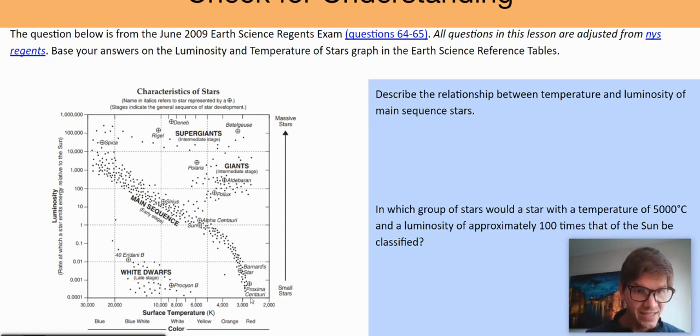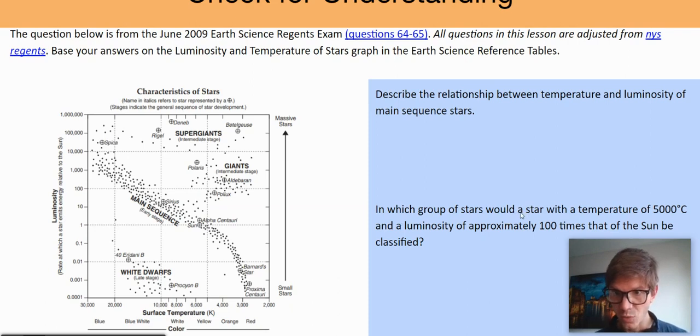So as we're moving up this way, the temperature would be increasing. As the temperature of the star increases, the luminosity also increases. Or if we were reading it from left to right, we could say, as the surface temperature decreases, the luminosity of the star also decreases.